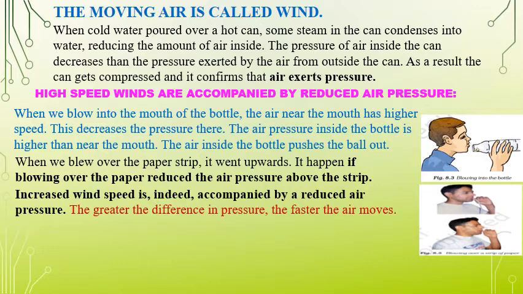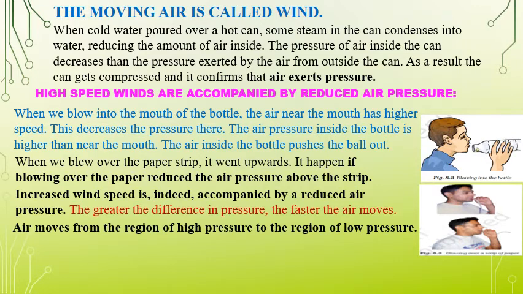Increased wind speed is indeed accompanied by reduced air pressure. We conclude this point from these activities. The greater the difference in pressure, the faster the air moves. Air moves from a region of higher pressure to a region of lower pressure.